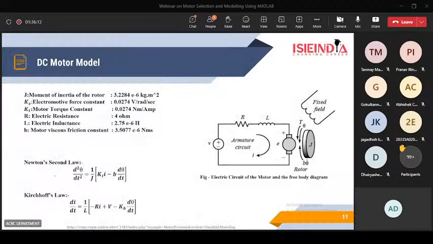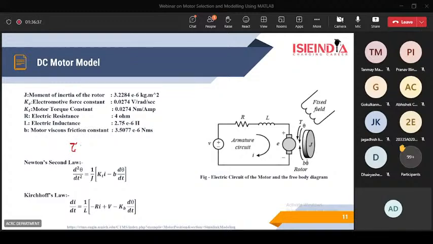So from Newton's second law, the torque will be equal to J d²theta by dt².